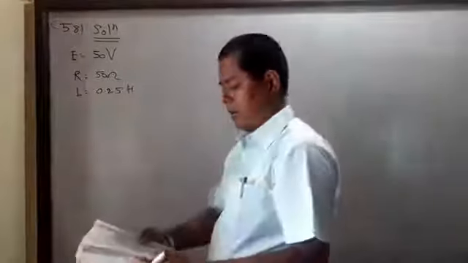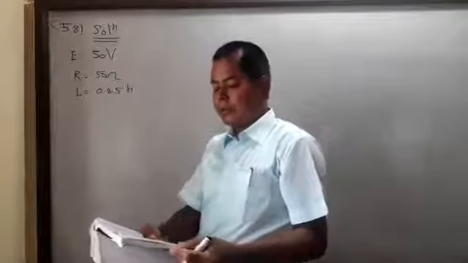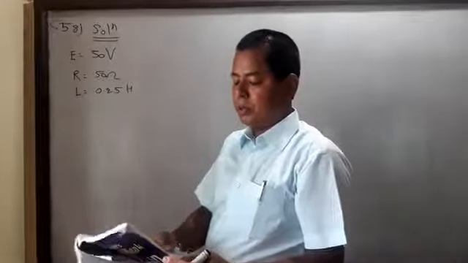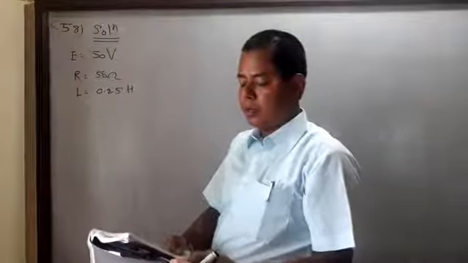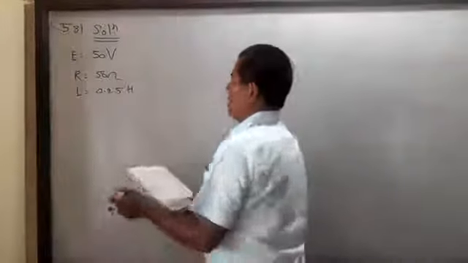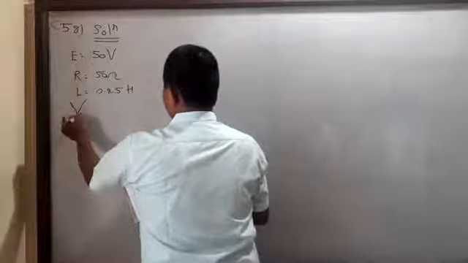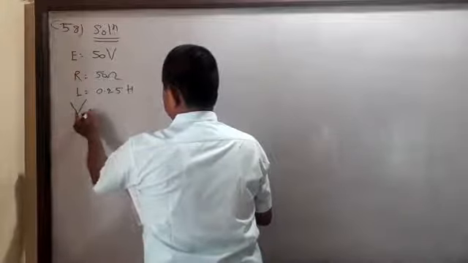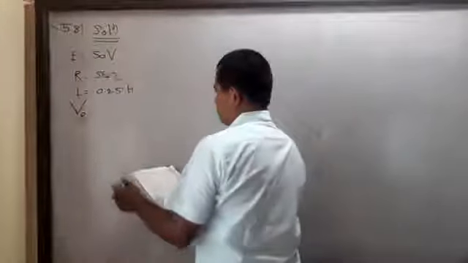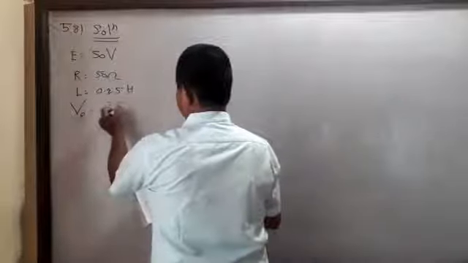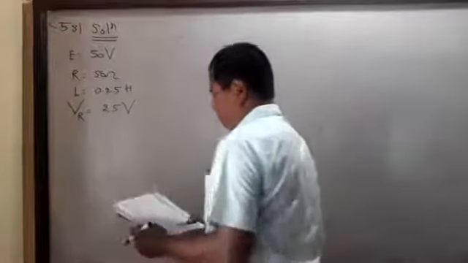The potential difference between the ends of the resistor, VR, is equal to 25 volt.